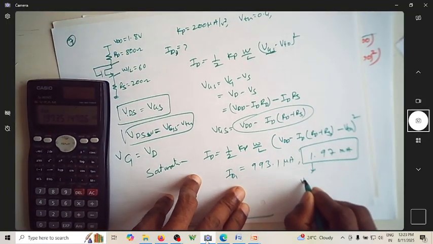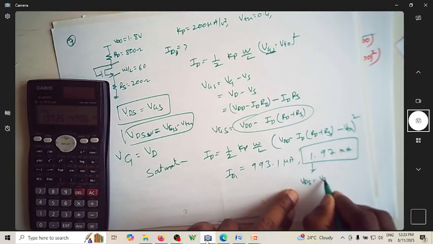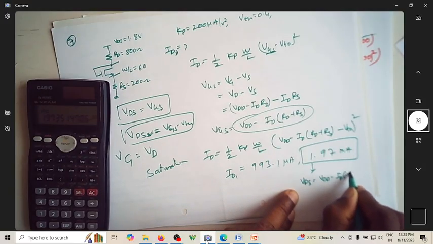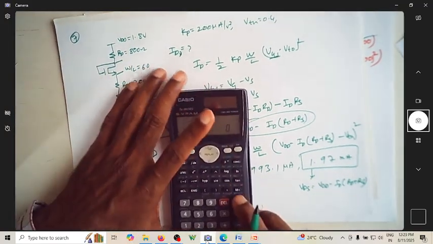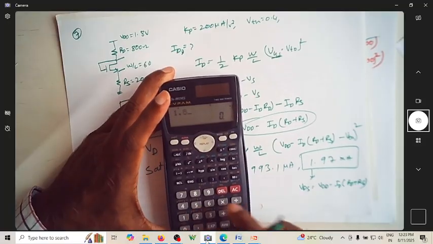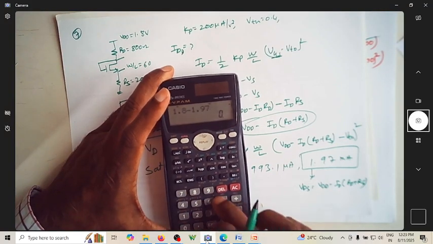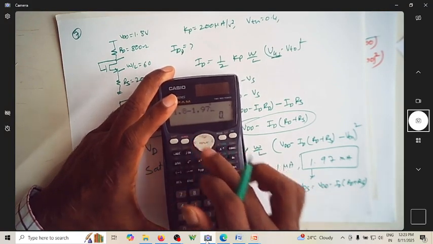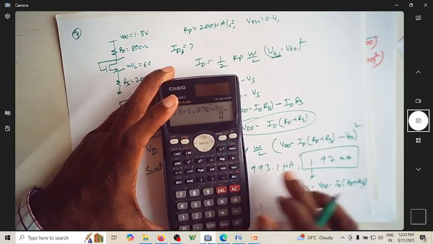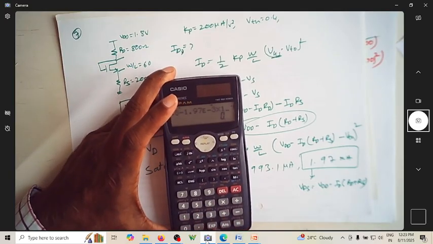If you consider VDS of this, which is nothing but VDD minus ID into (RD plus RS), so what is this? This is now 1.8 minus 1.97 exponential minus 3 into 1 exponential of 3.